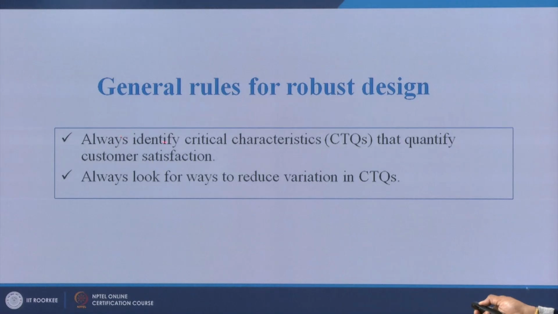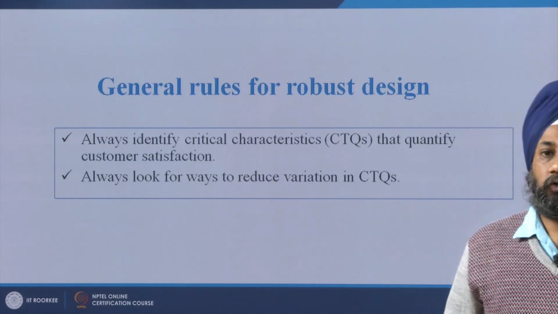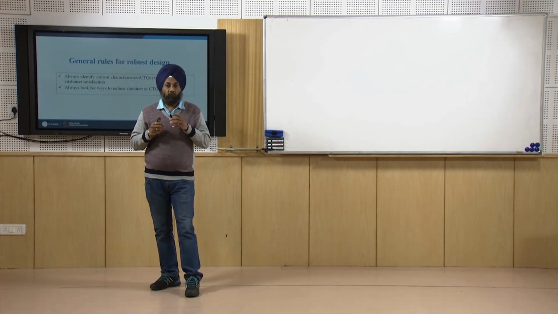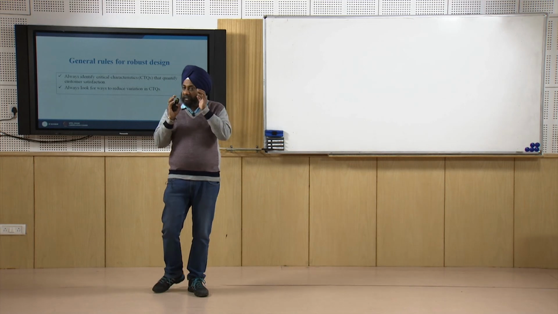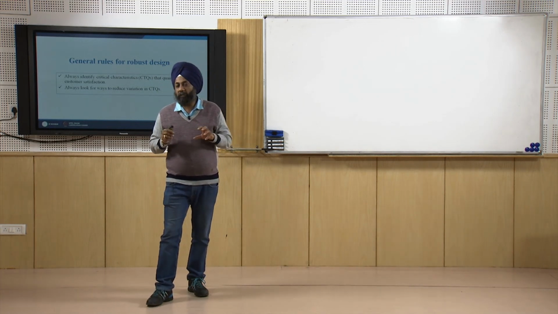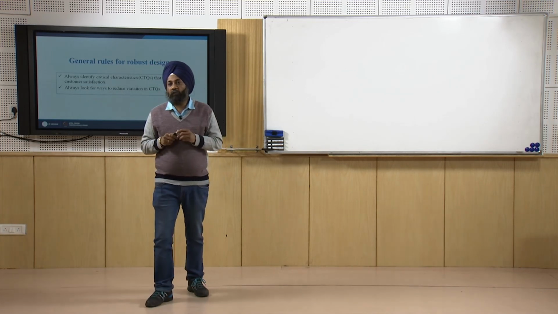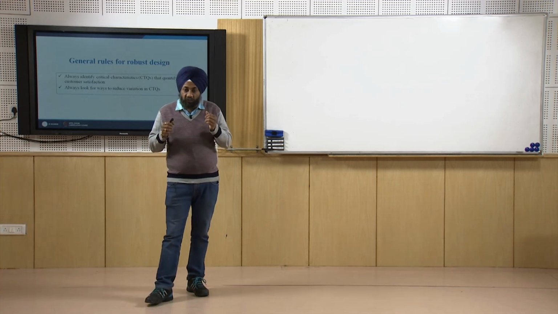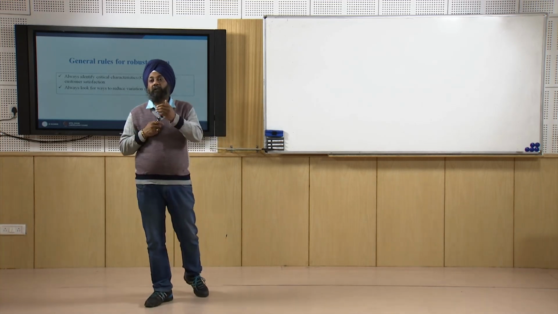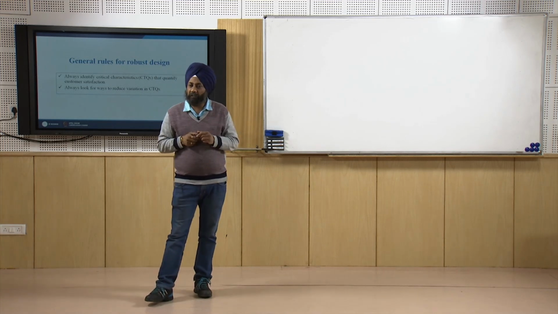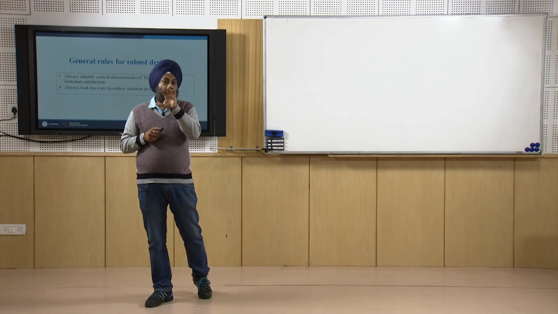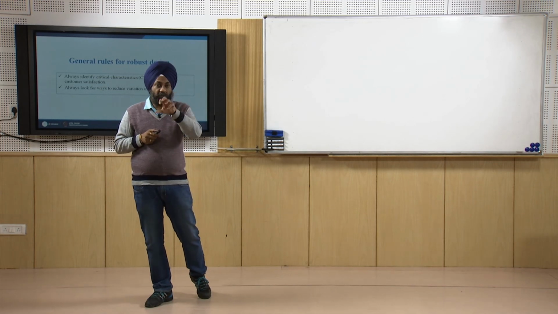So always identify critical characteristics that quantify customer satisfaction, and then always look for ways to reduce variation in these critical characteristics. From a robust design point of view, if I am buying a pair of shoes and my critical characteristic is that they should be comfortable to wear, now maybe after 6 or 7 months I find them uncomfortable or itching, or they have become loose, I will say they are not a very comfortable shoe, and the designer has not incorporated the concept of robust design into the shoe.